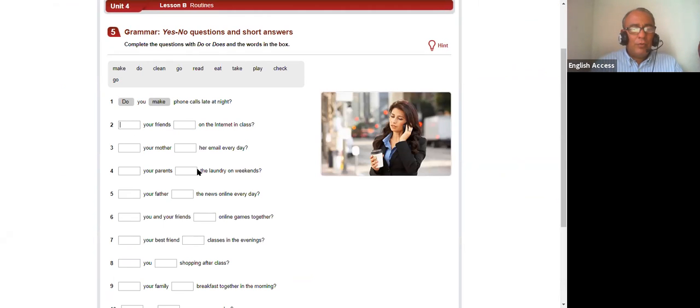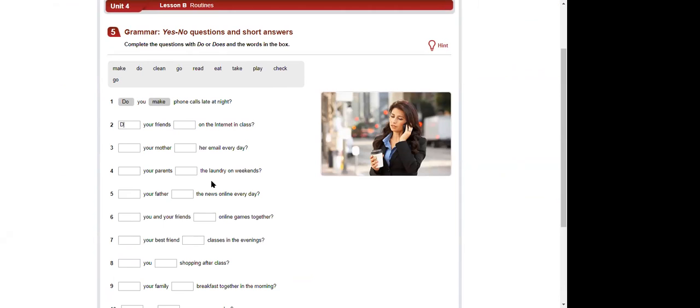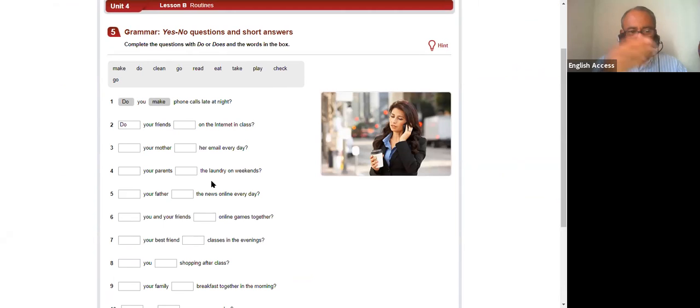For example, number 2, Carolina, do or does your friends, plural? Does. Pero, no, do. Do, because friends is more than one. On the internet, you need to select one of these verbs. Make, do, clean, go, read, eat, take, play, check, or go. Which one?